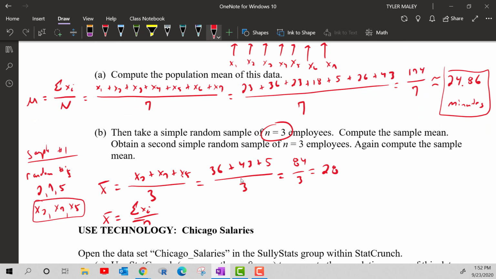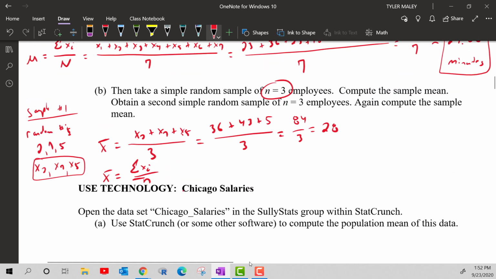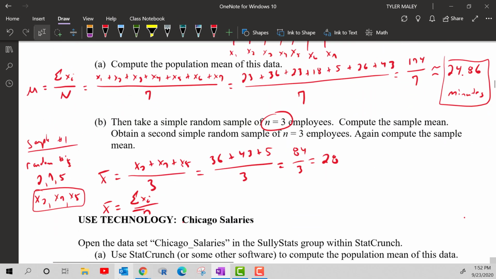So we need to get a second sample. I'm running out of space here, so let me scroll over to the side. Right, so we want to get sample number 2. So I need to get some random numbers again.